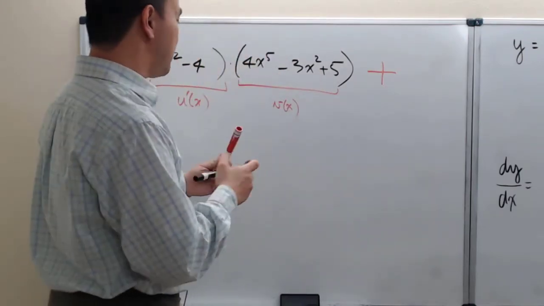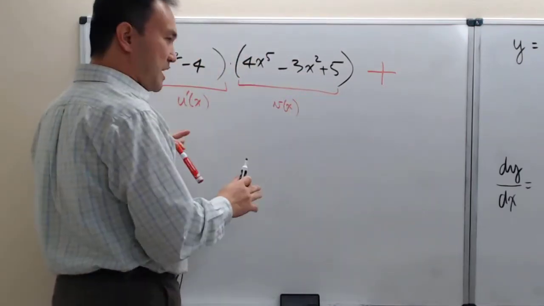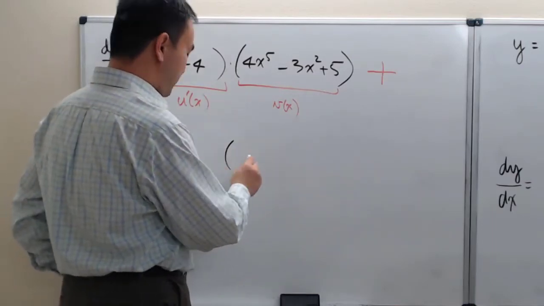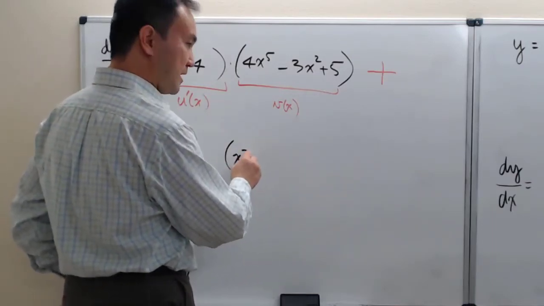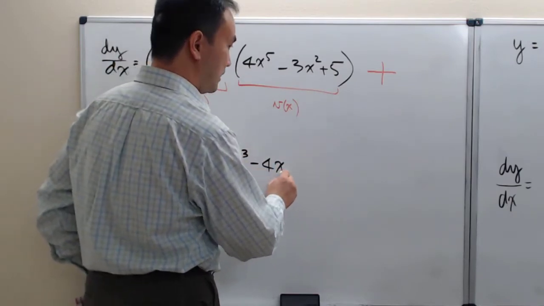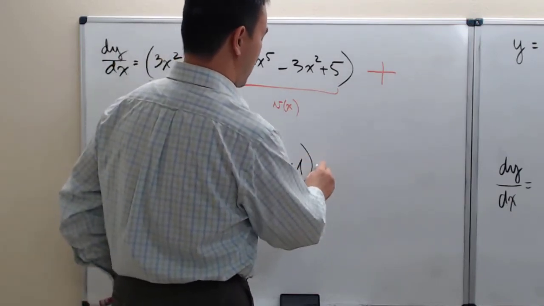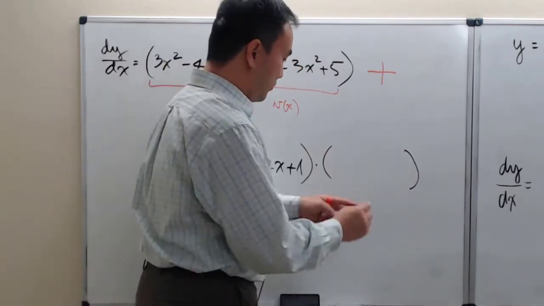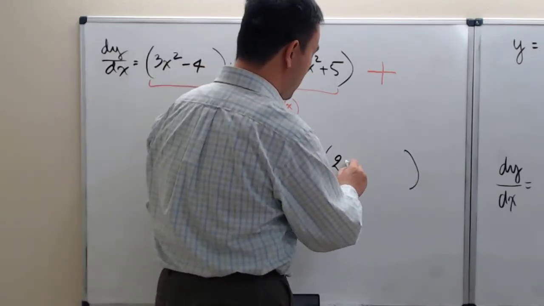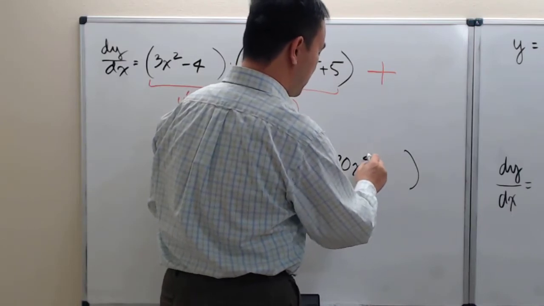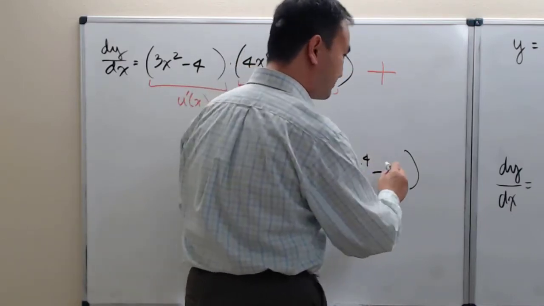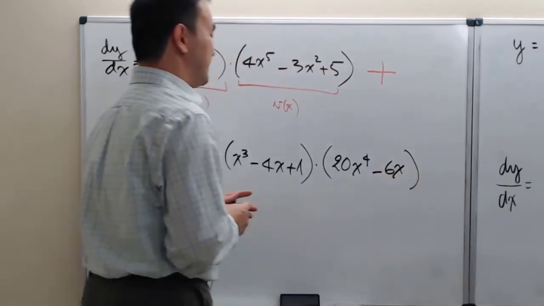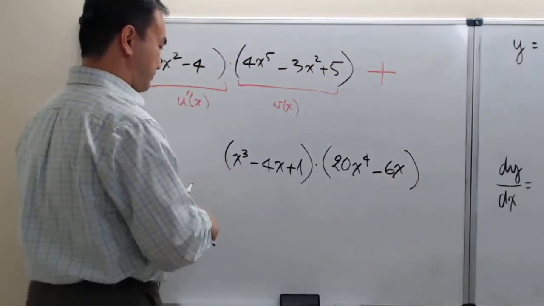Now the next part, and since I'm running short of board space, I have to cut into the next line right here. I am going to keep my first function the same, x cubed minus 4x plus 1. But now I am going to multiply. Carrying over from the previous step, we're looking at 20x to the fourth power minus 6x plus 0.